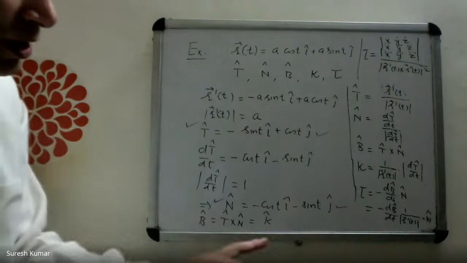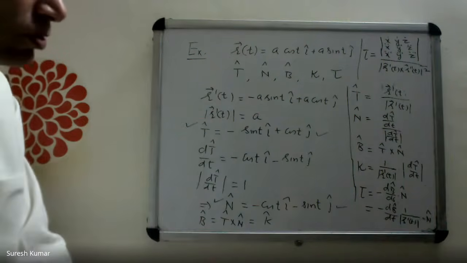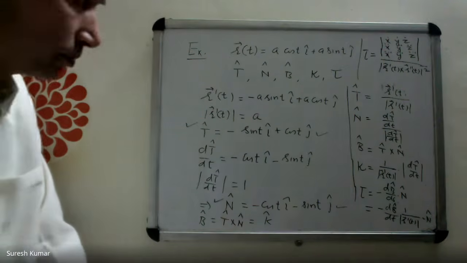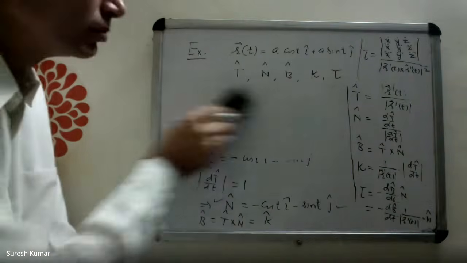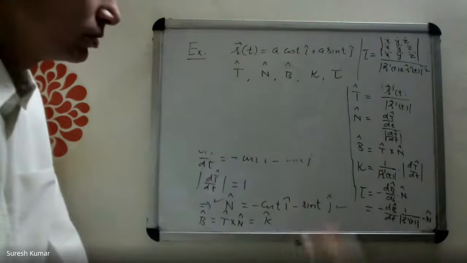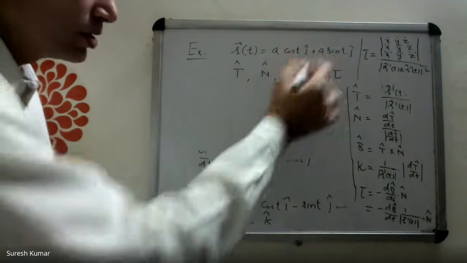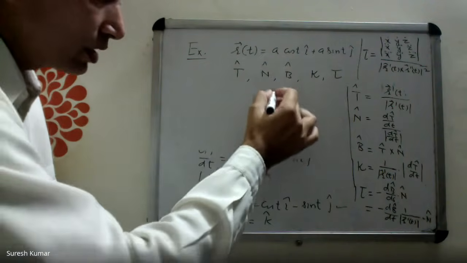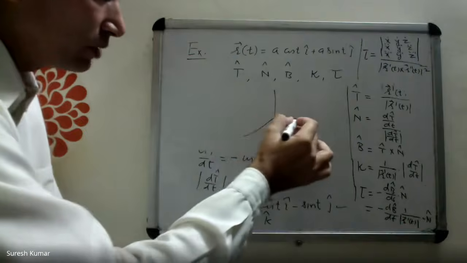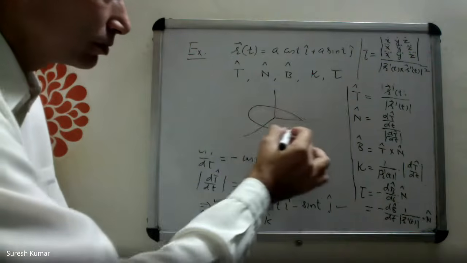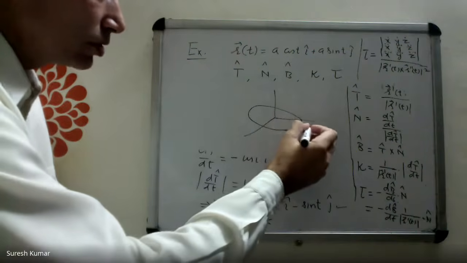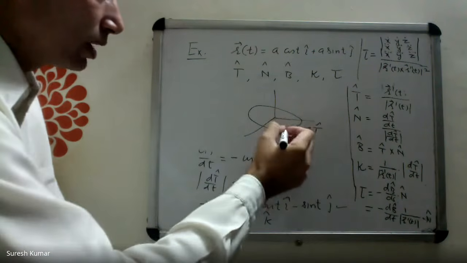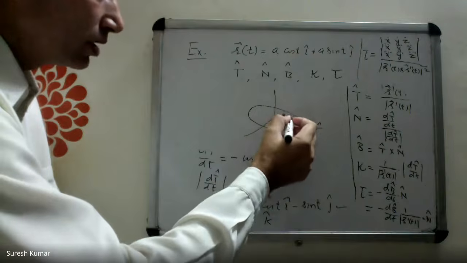Okay, now understand why you are getting B cap equal to k cap. What is this curve? First think about that. This is a circle, and this circle is lying completely in the xy plane. So at any point, this is your T cap, n cap lies in the xy plane.